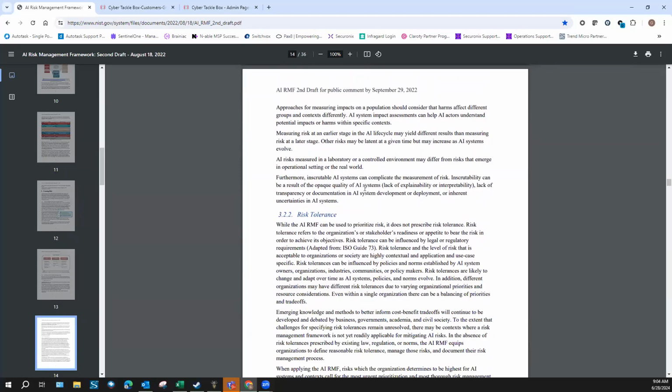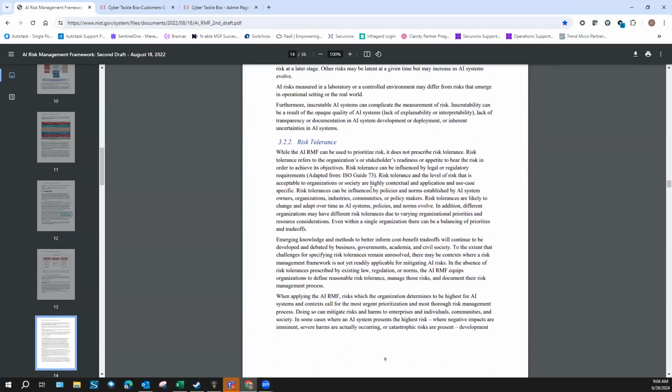You're also going to be able to understand what risk tolerance is, and the risk tolerance is how much risk you can afford to endure before you have an incident, and that's what we want to avoid. Incidents are trackable events that occur because you've breached the amount of risk tolerance that you can endure.